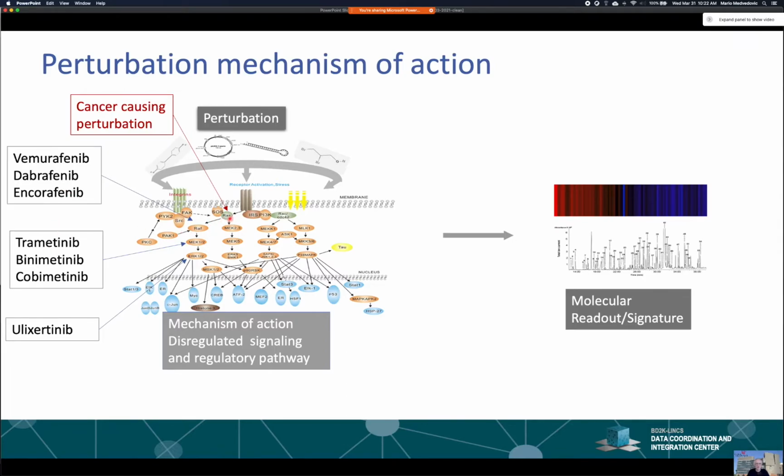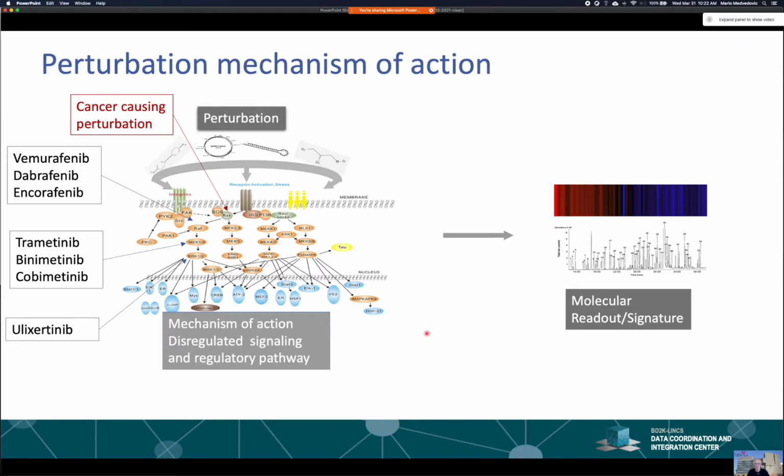So RAS would maybe activate RAF, but then some of these drugs would inhibit RAF. So we would reverse this aberrant signaling and maybe reverse the disease itself.